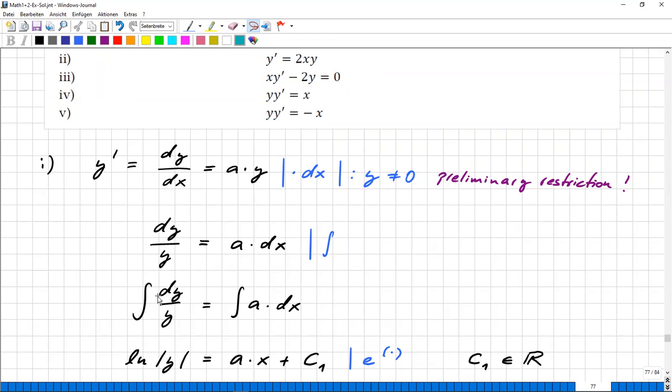Accordingly, it means that here we have integral dy over y, which is well known to be ln, natural logarithm of the absolute value of y. Don't forget the vertical bars, because they're important. Leaving them away would mean suddenly that y lower than 0 would not be allowed, because the logarithm isn't well defined for negative arguments. But there is no reason to exclude negative values of y.